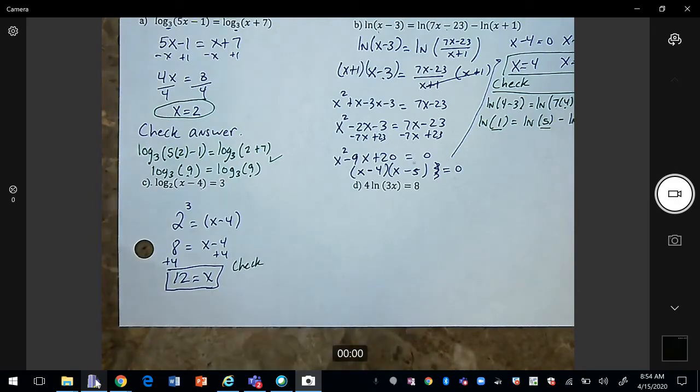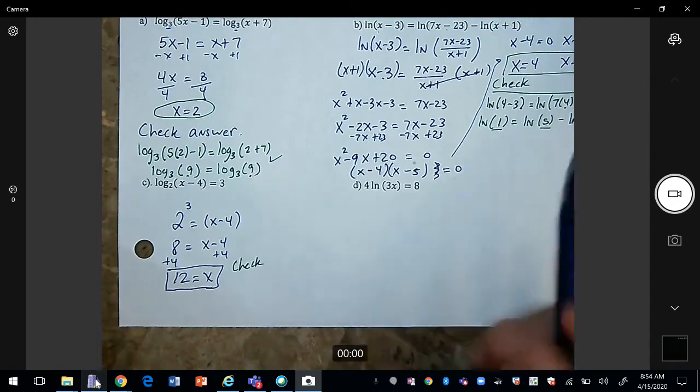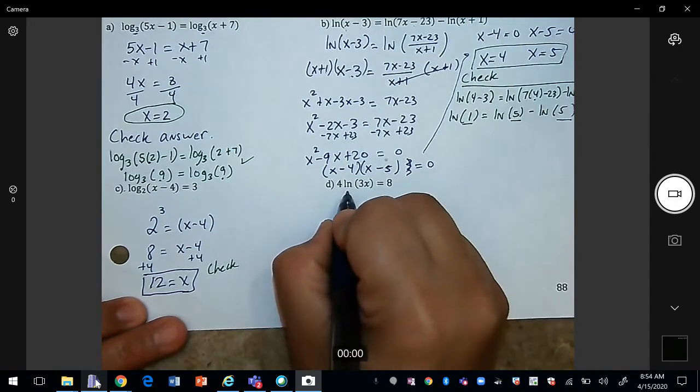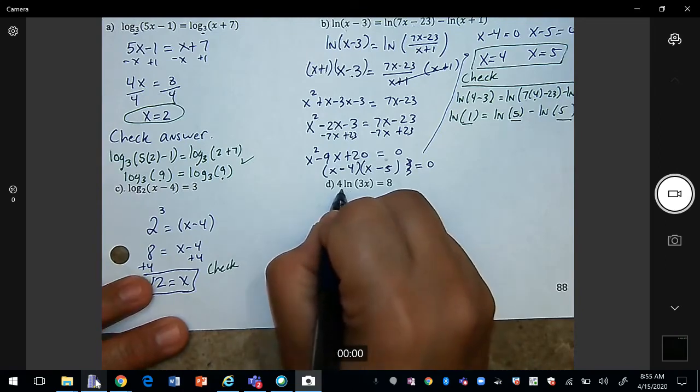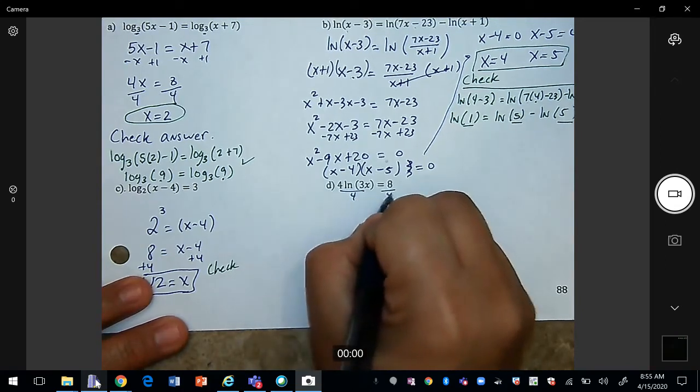Let's go ahead and try the next one, letter D. Here we also need to isolate the log before we can change it to exponential, so I'm going to divide by 4.